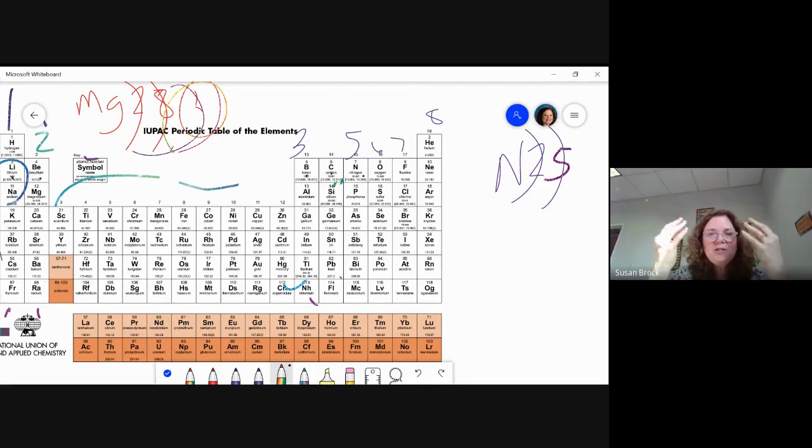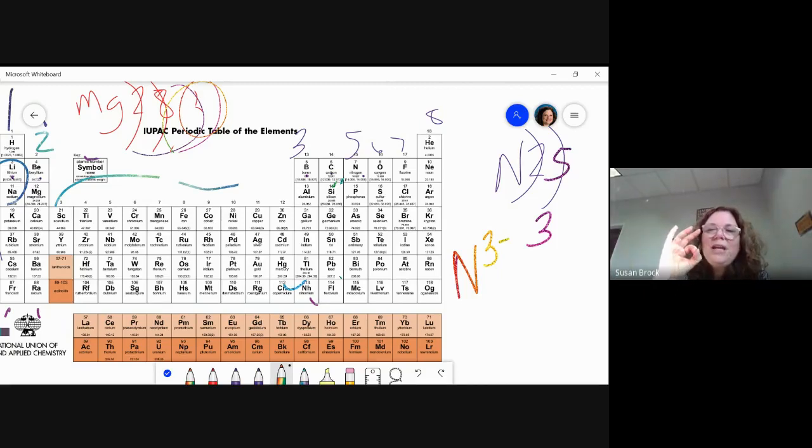So what's it going to do? Is it going to lose 5 or gain 3? Well, it's easier to gain. And it's easier to gain because the effective nuclear charge is higher, which means the attraction between the nucleus and the electrons is higher. So it's going to gain 3 electrons, and its charge is going to be 3 minus.